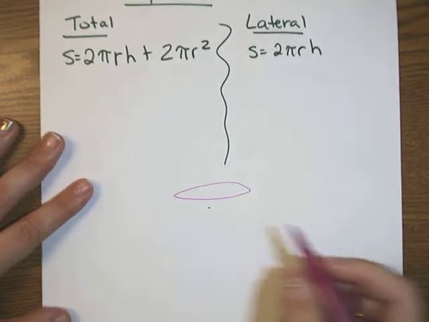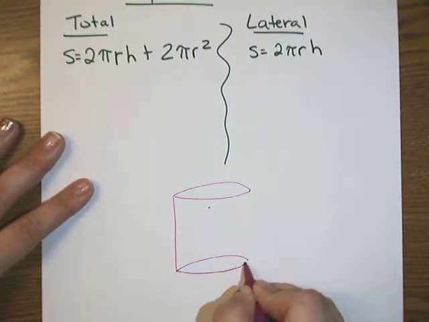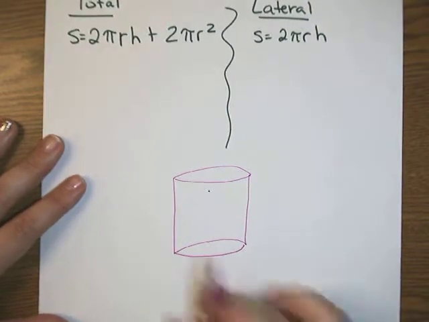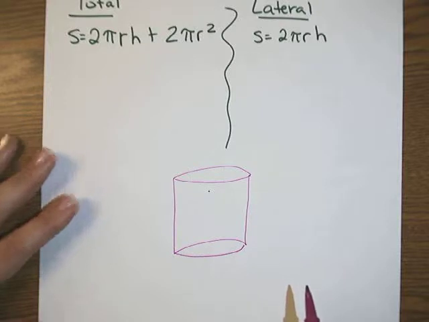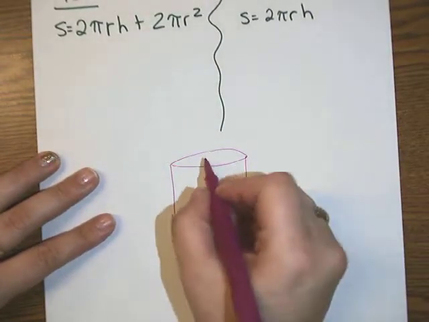Remember, for a cylinder, your top is a circle, and your bottom is a circle. If I give you the diameter, can you figure out the radius? By doing what? Dividing by 2.